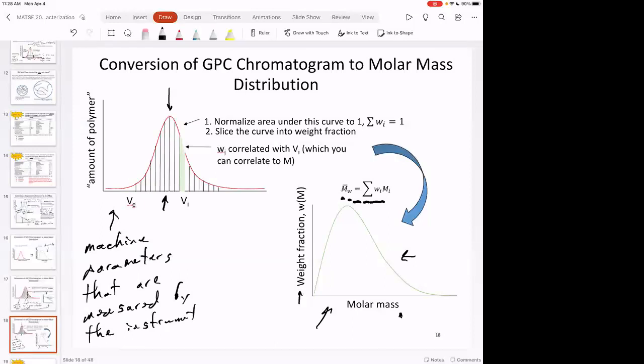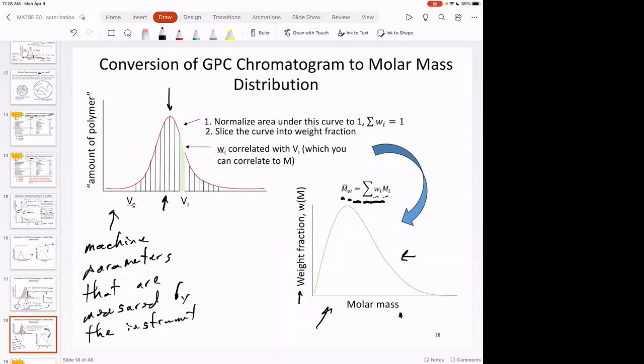And you notice that if we sum up the weight fractions times their molecular weight, we get the weight average molecular weight distribution. Does anyone have any questions or thoughts on that, or things they want to ask about?